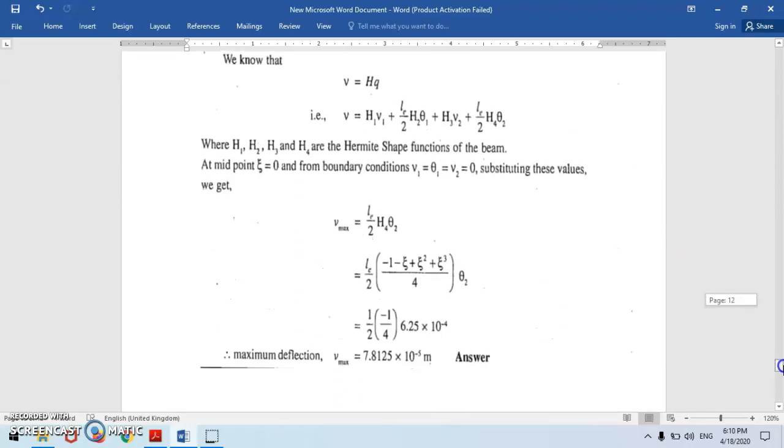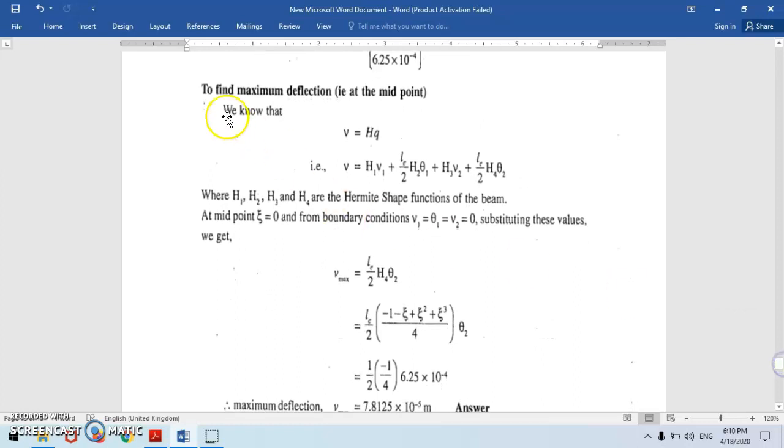So we will now find the required quantity, that is the maximum deflection at the midpoint. To find it, V is equal to H into Q. What is H into Q? H is H1, H2, H3, H4 and Q is V1, theta 1, V2, theta 2.